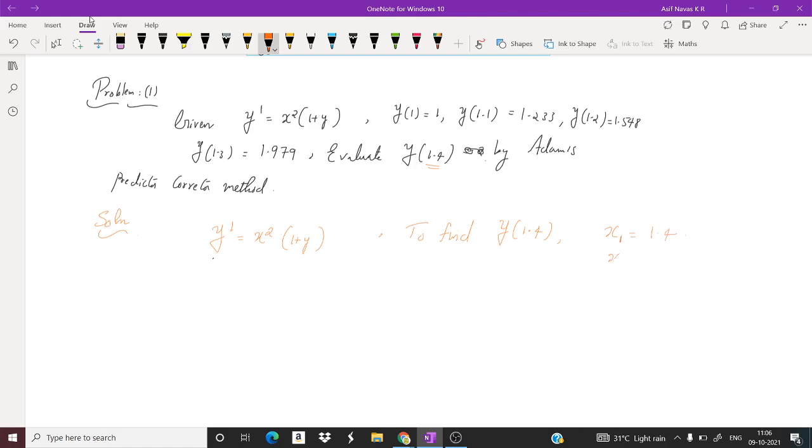Then x naught is 1.4 minus h, and x minus 1 is 1.4 minus 2h. From here we get the difference between the x values, that is 1.2 minus 1.1, or 1.3 minus 1.2, and you will get h.